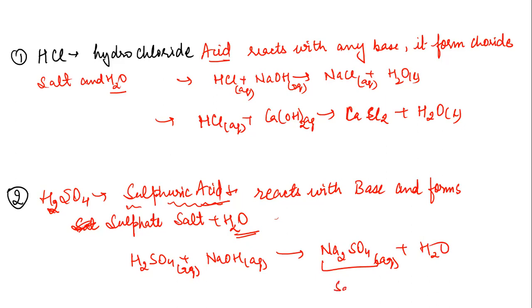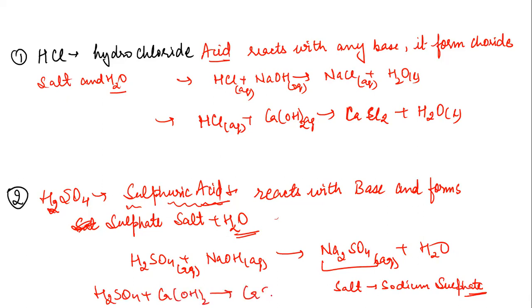This is salt and its name is sodium sulfate. Clear? H2SO4 plus Ca(OH)2 gives you CaSO4 plus water. This is calcium sulfate.